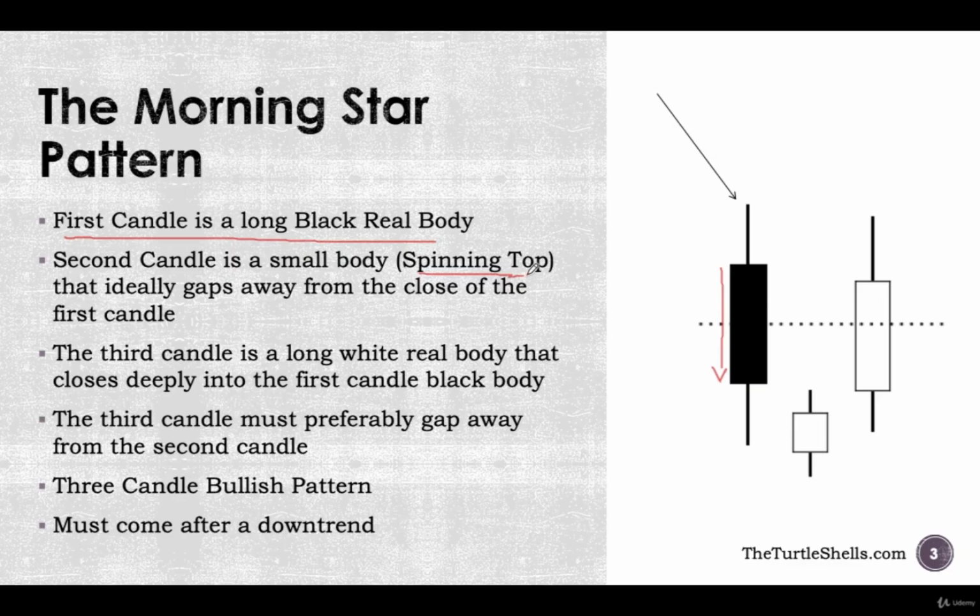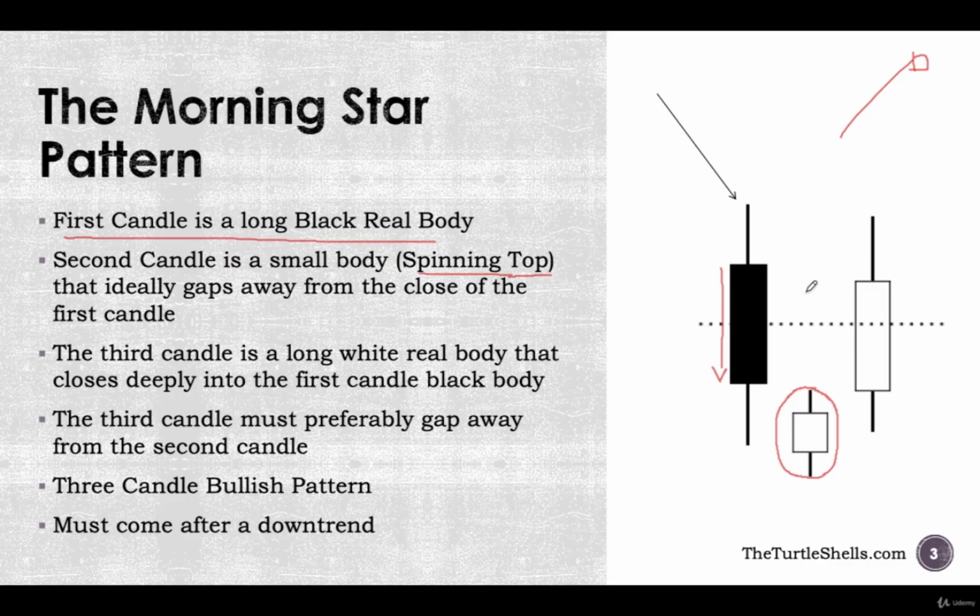And when we say it's a spinning top, it doesn't mean that it comes at the top of a trend. That's a different kind of top. It just looks like a spinning top, so that's why we call it that, and that's the star in the pattern. The definition of a star is that it's a small real body that gaps away from a prior long real body in a downtrend or an uptrend.